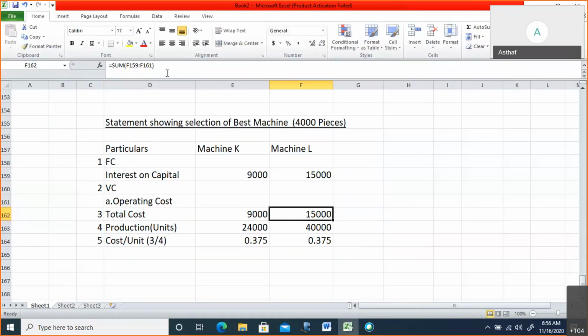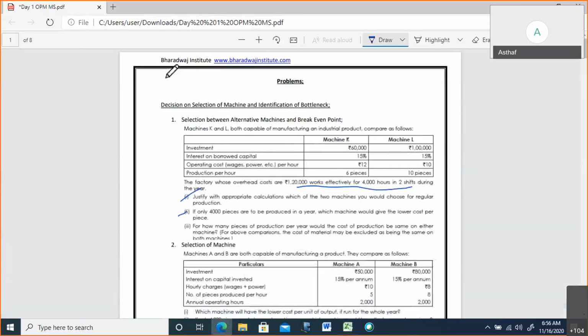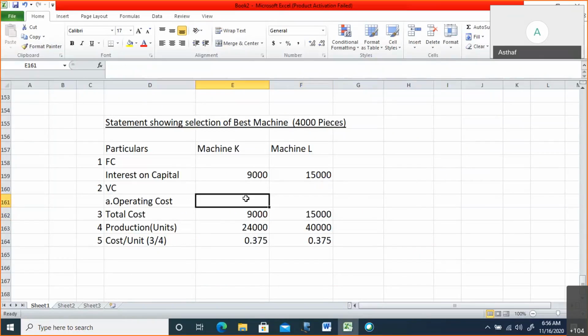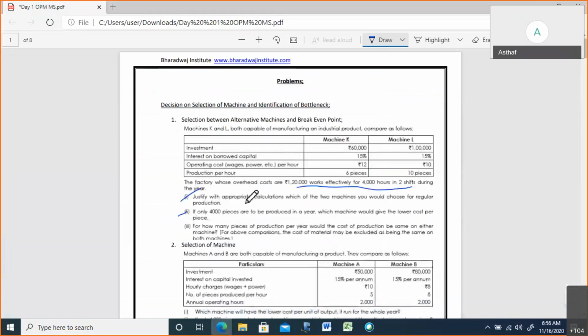Yes, we are ready to help you. Here the units are given, and the units per hour for 6 units is given, so you will get total hours. 4,000 is our total. Listen very well. For 6 units we require 1 hour, so 4,000 divided by 6 gives the hours, into 12 for the first product.